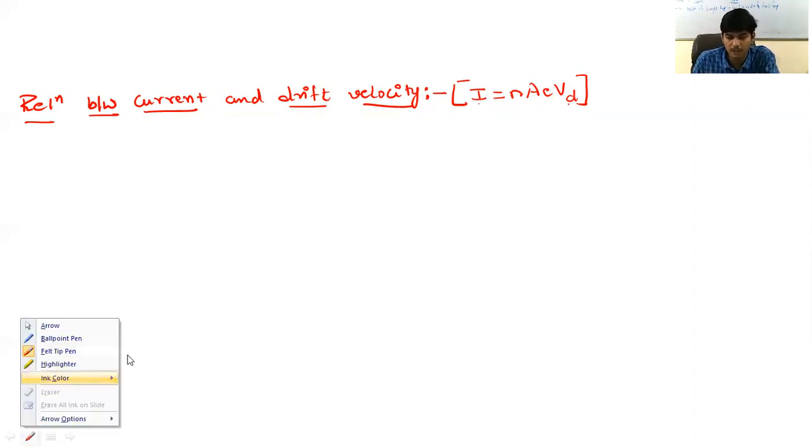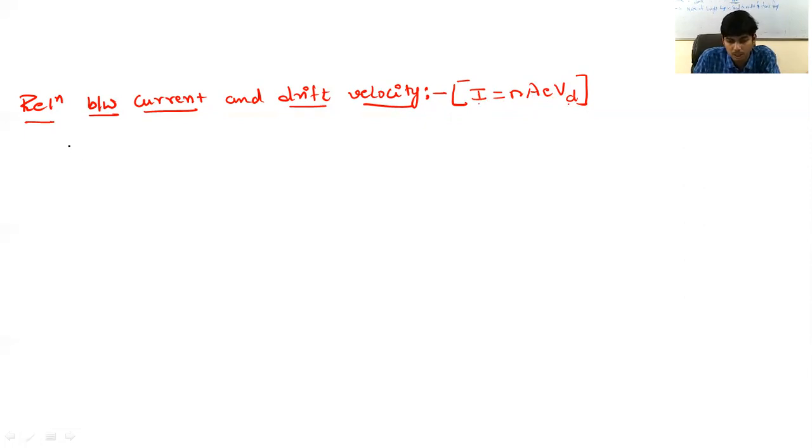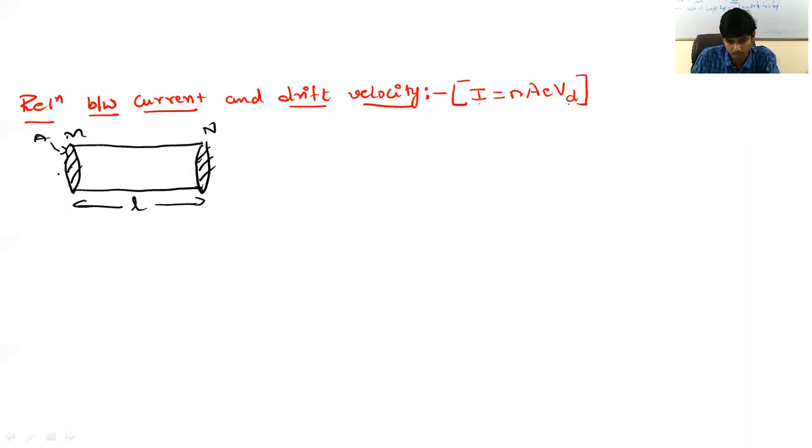This is the relationship between current and drift velocity. And the diagram and explanation for the derivation remain the same as in the previous case. Here we consider a conductor MN. L is the length of the conductor, A is the area of cross section of the conductor, V is the potential difference applied across the ends of the conductor.